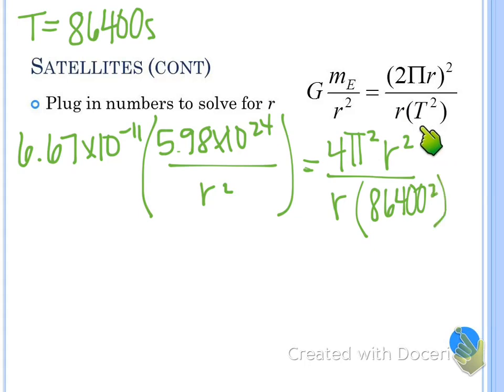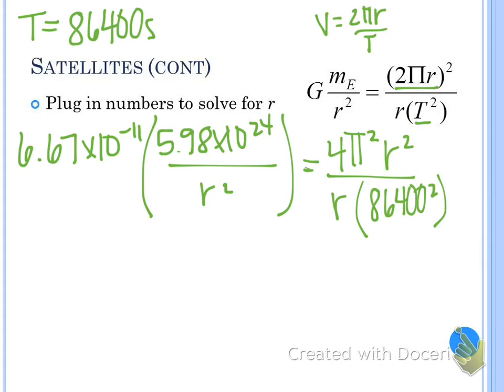I want to make sure that you understand only T is squared on this bottom part because of the velocity equation. V is equal to 2 pi r over T, and we need v to be squared here, so we square the top term and the bottom term for velocity. Are we on the same page so far? Do we see where this 4 pi squared r squared came from?